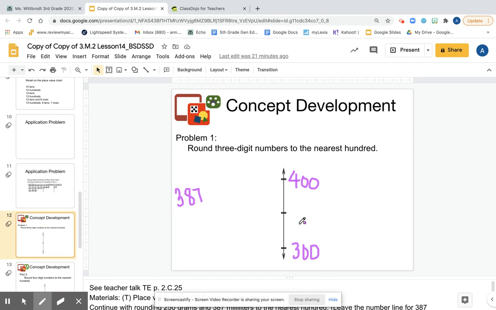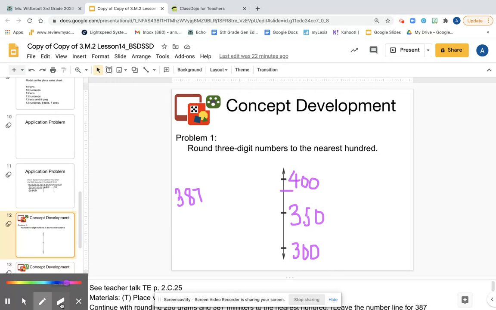But when we're trying to find the midpoints between hundreds, it's at 50. So my midpoint between 300 and 400 is 350. And we have to decide, well, is 387 down here between 300 and 350, or is it between 350 and 400? And most of you are probably going to put it right up here, closer to the 400. So that's how we are finding midpoints between these hundreds.